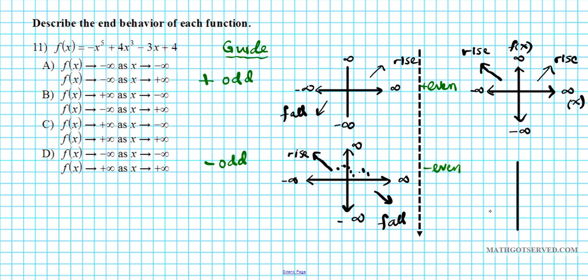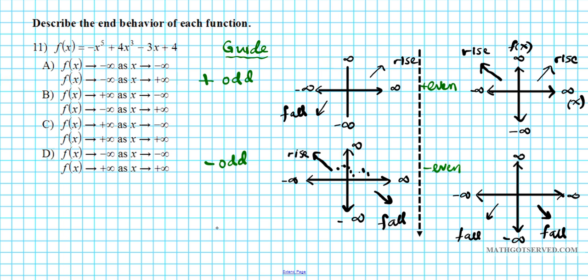We're going to have a reflection downwards, right? Remember when you negate a function, it results in a reflection along the x-axis. So we can exploit that transformation in understanding the end behavior of this function here. All right, so with a negative even, you're going to fall to the left and fall to the right. They always do the same thing. They have the same end behavior when you're dealing with even functions.